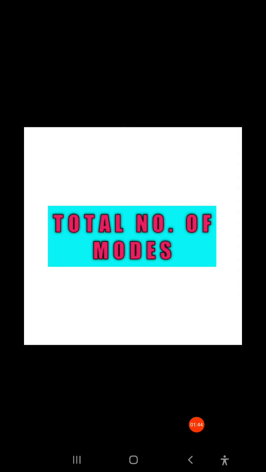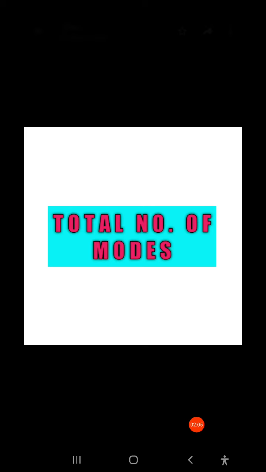Next one, total number of modes. The V number can also be used to express the number of modes in a multimode fiber.